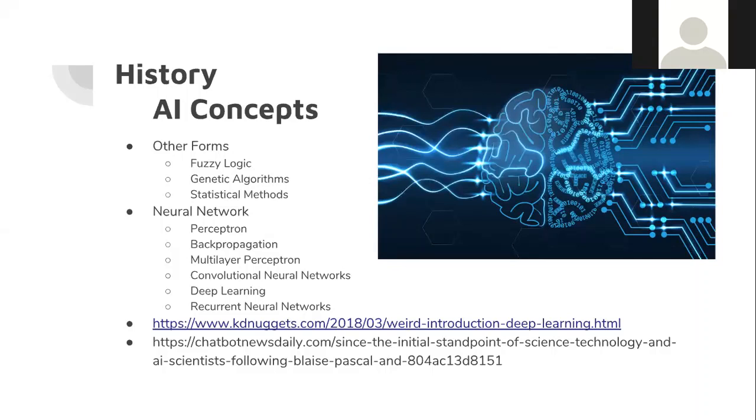Then neural networks. That's a more recent excitement. But as I showed in the previous slide, it goes all the way back. Perceptrons, backpropagation. We went through this. There's a couple of links here that are very interesting to look at on how AI came about. I strongly suggest going back and looking at that.